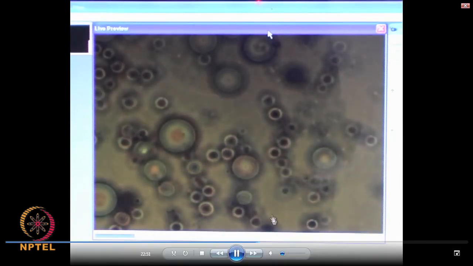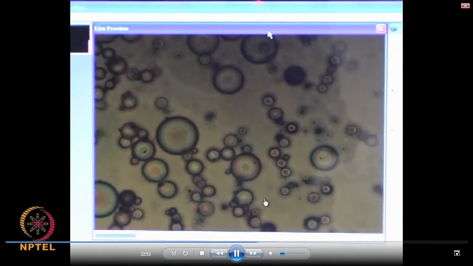What you see now is the glass microspheres under the phase contrast mode, and you also see this diffraction halo, which is an artifact and not part of the material feature, and what you see is the enhanced contrast at the periphery.